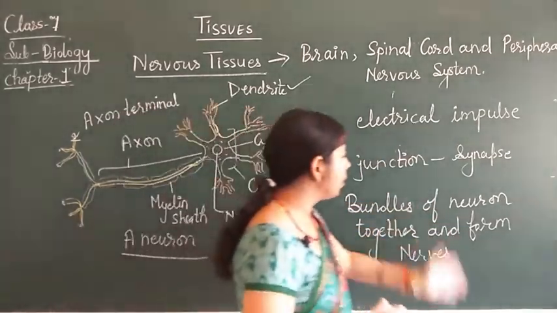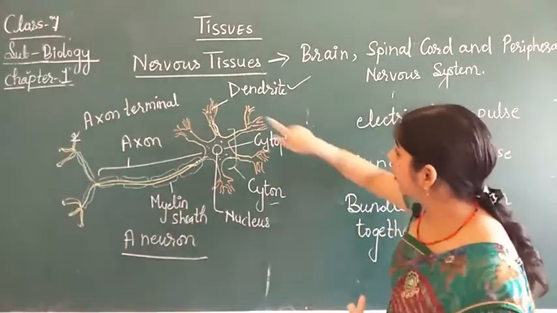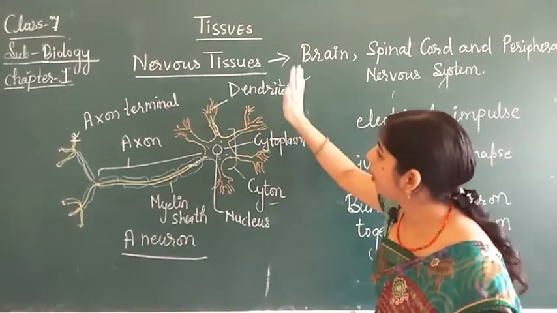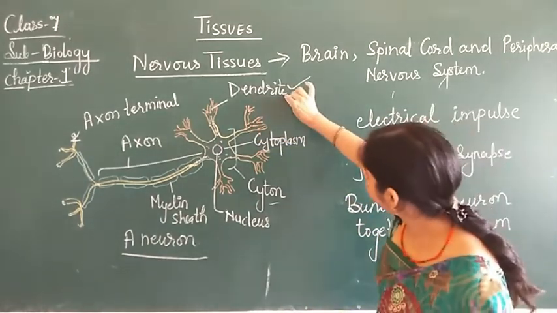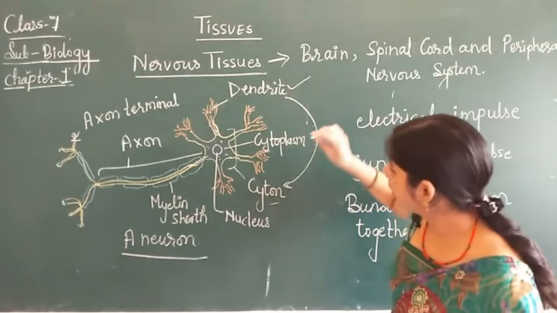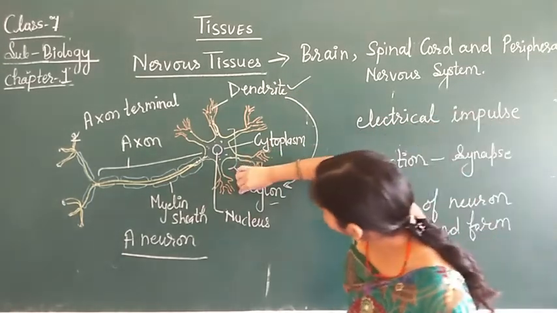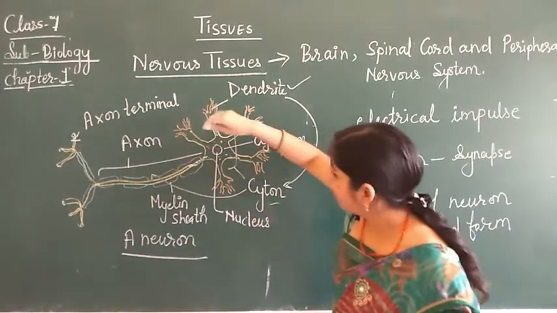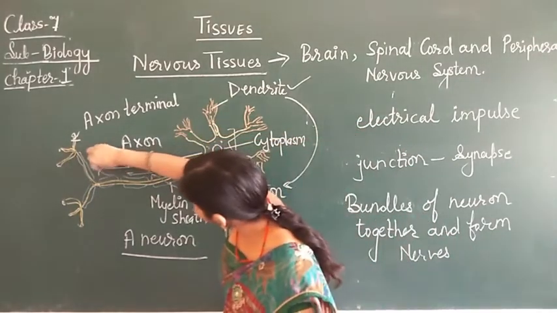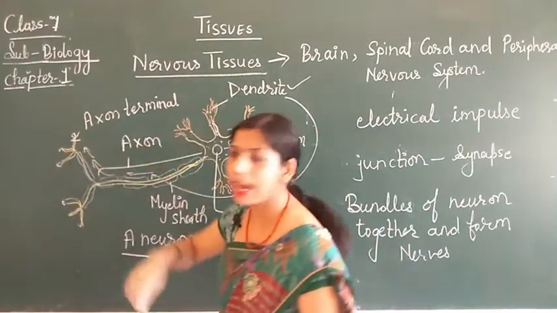So once again I am going to explain: these are dendrites. These dendrites receive the message and pass that message to the cyton. Immediately that message is passed to the axon, and the axon passes this message till the end of the axon.